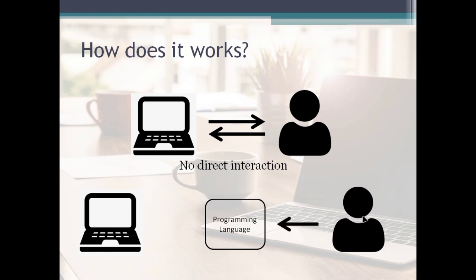So a user provides a language which is convertible by the input device. This means the language which the user provides to the input device is called a programming language, and this programming language is easier for the input device to convert into its binary codes and understand, and give us the output of the input provided.